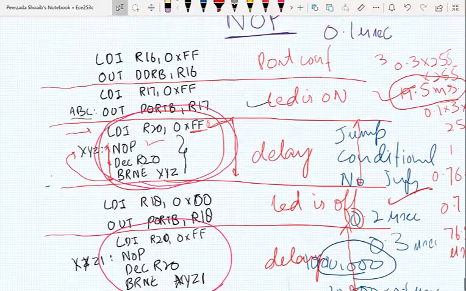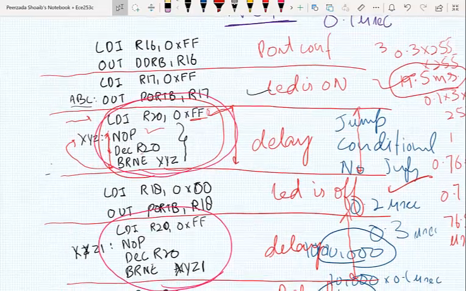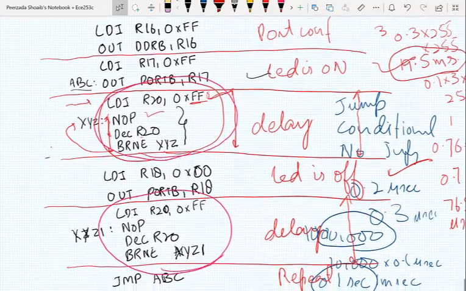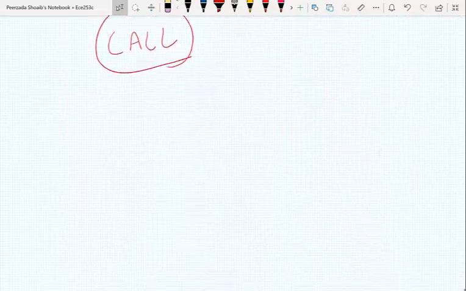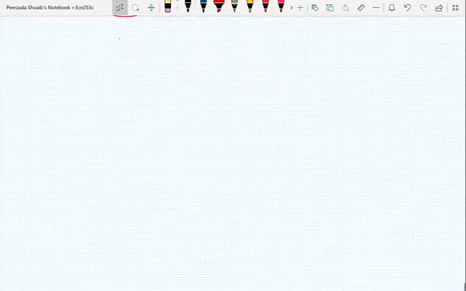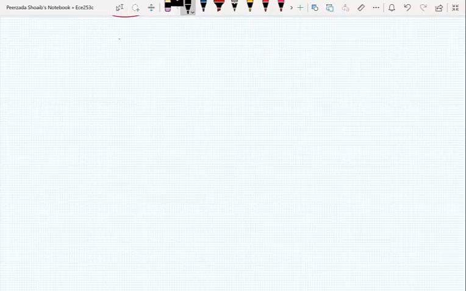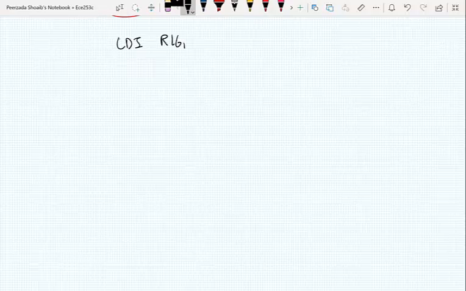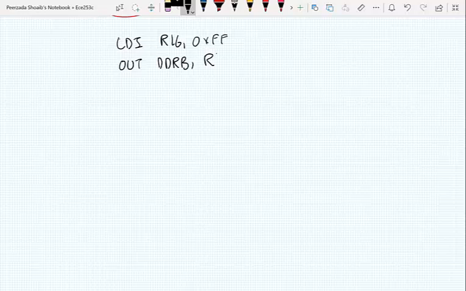For example, I can write this program maybe like this. I started with configuring the port: LDI R16, 0xFF, out DDRB, R16.